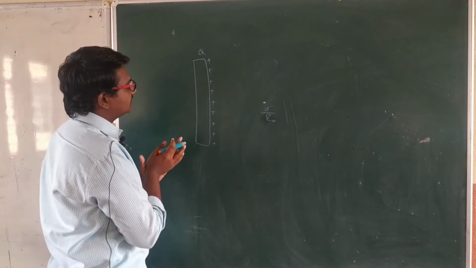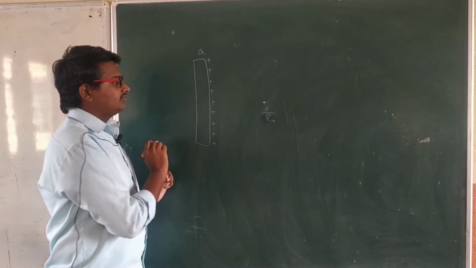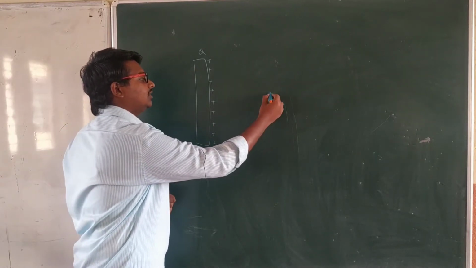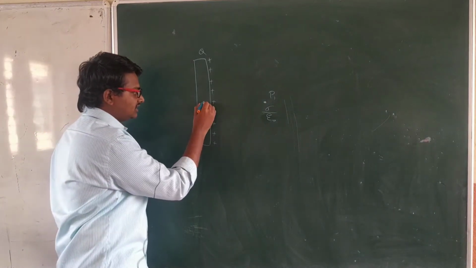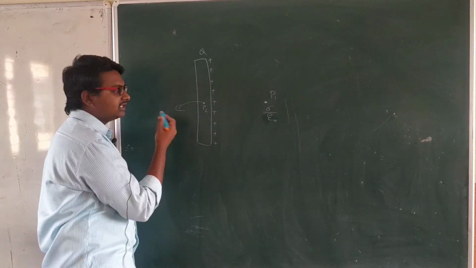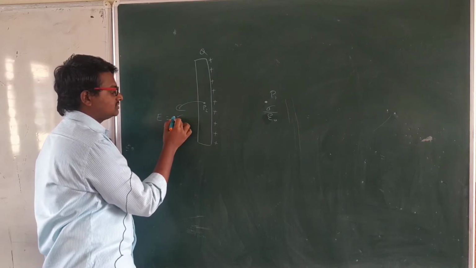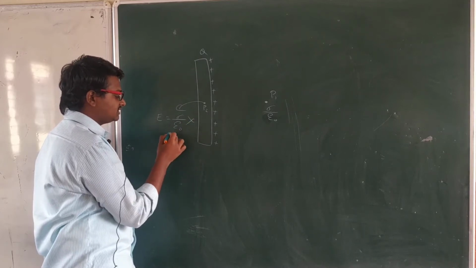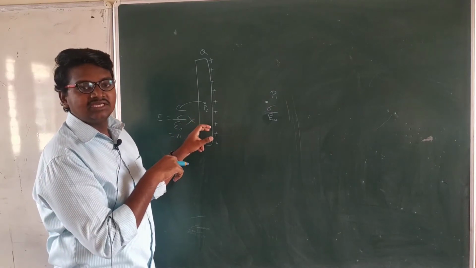Now we will discuss some of the cases in more detail. For example, if you take a point P1 outside of the conductor, then we get sigma by epsilon naught. If you consider a point P2 inside the conductor, the electric field E is equal to 0 because it is inside the conductor.